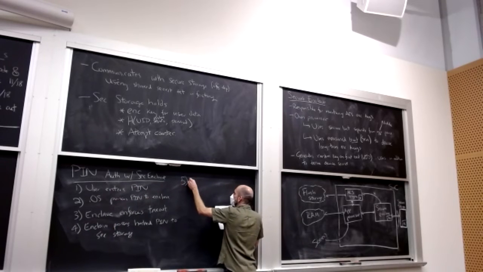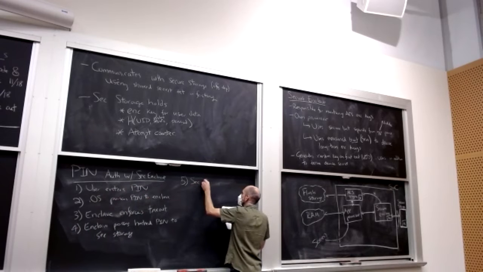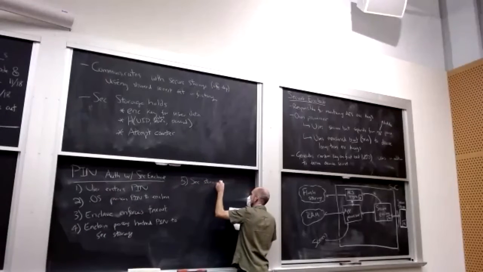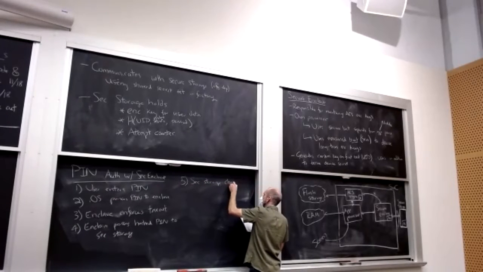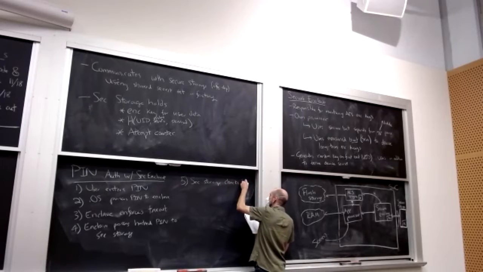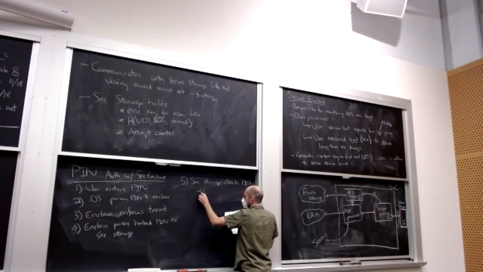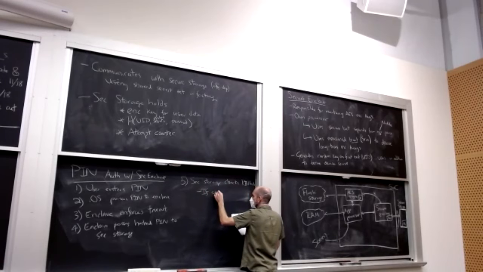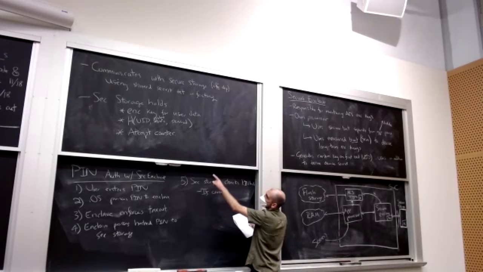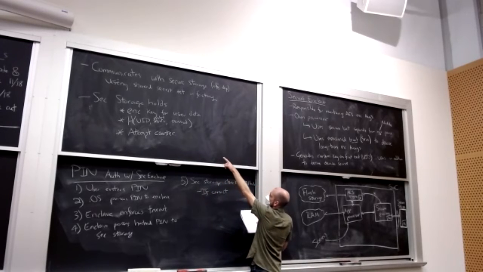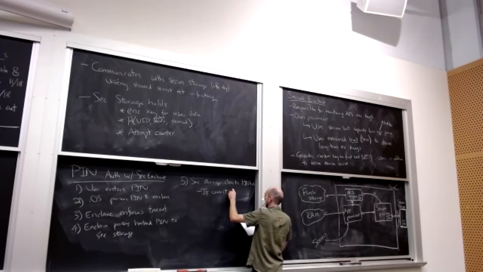It checks the PIN hash. If correct, meaning it matches this second value up here, you return the AES key.